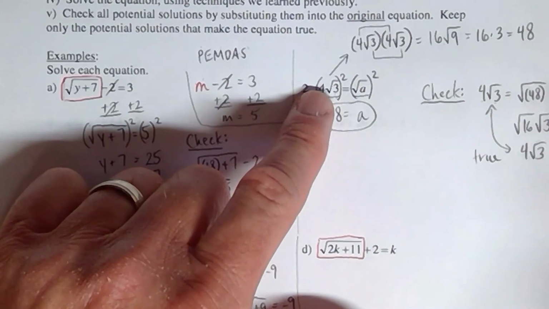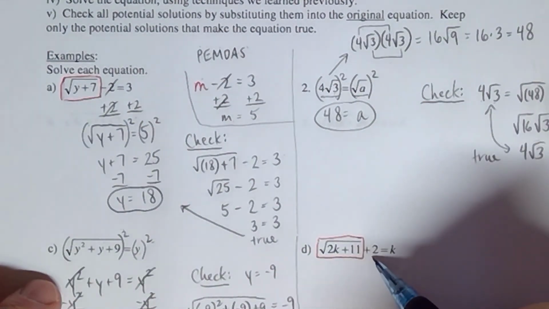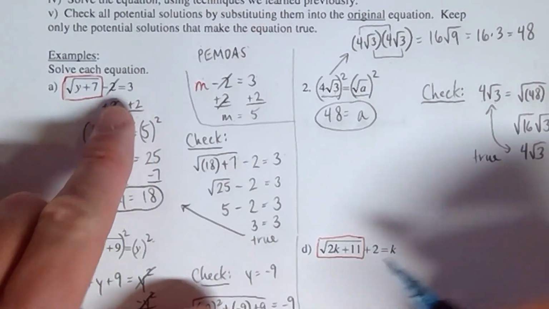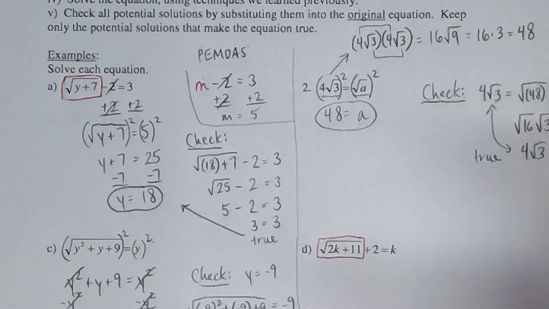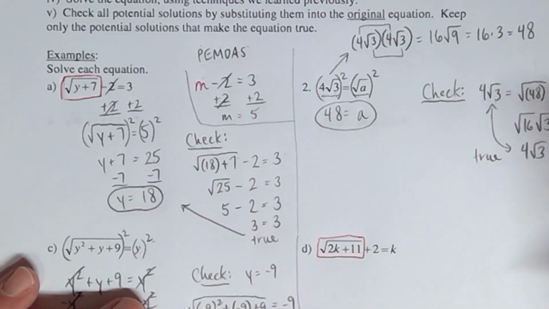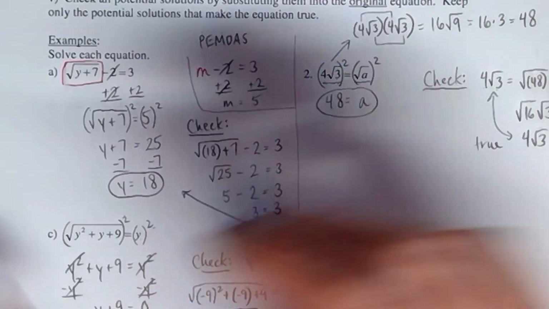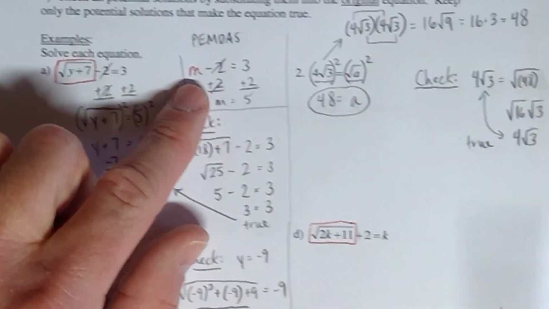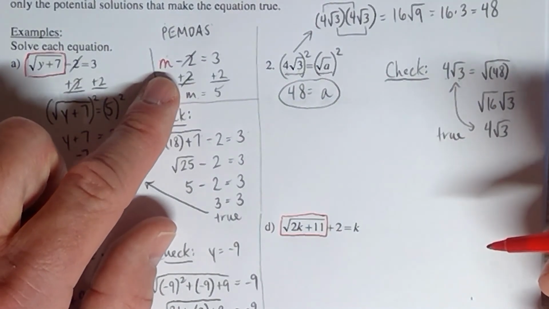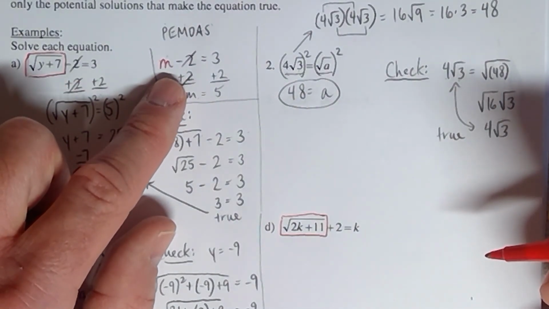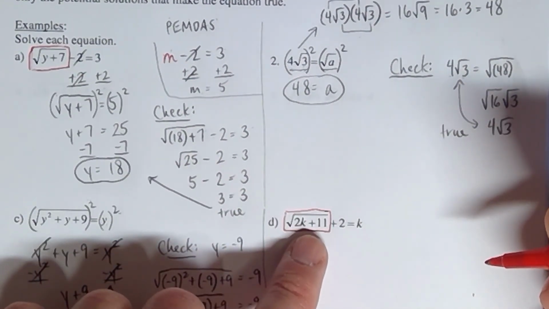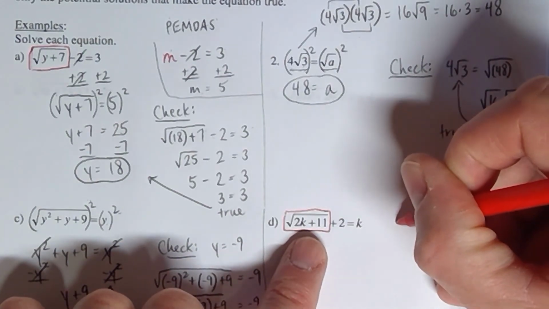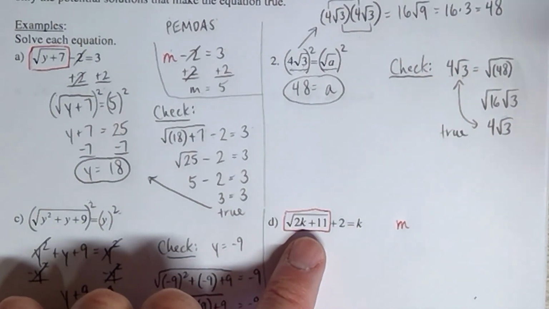So the 4 is a part of the radical term, but the plus 2 and the minus 2 are not. So we need to get the radical term by itself, and the plus 2 is not a part of that. All right. Again, you can do the same thing, and you don't have to write it down if you don't want to, but as long as you can visualize it and understand it, you know that in order to get this thing by itself, we pretend like that's a variable. Okay.